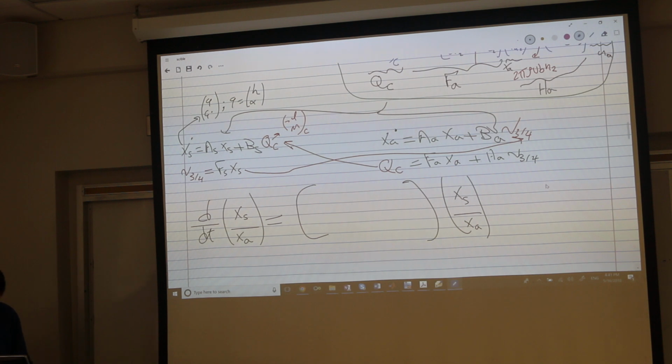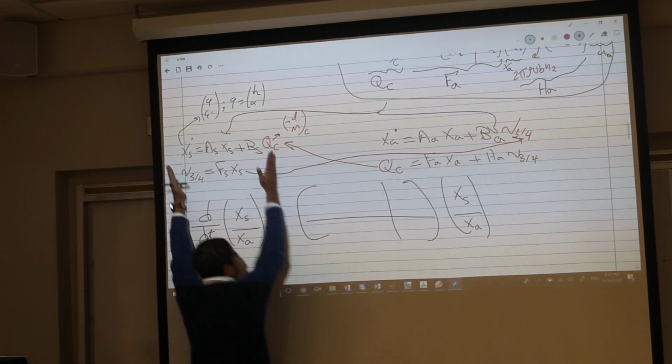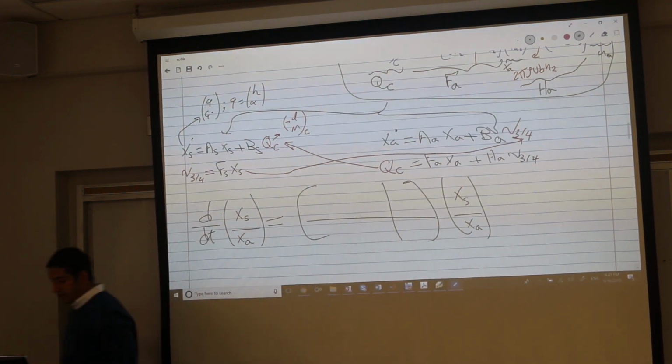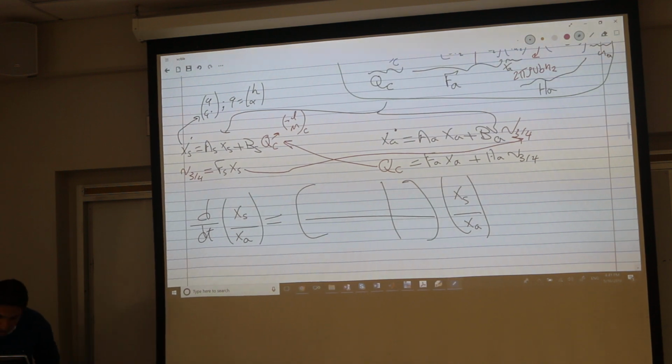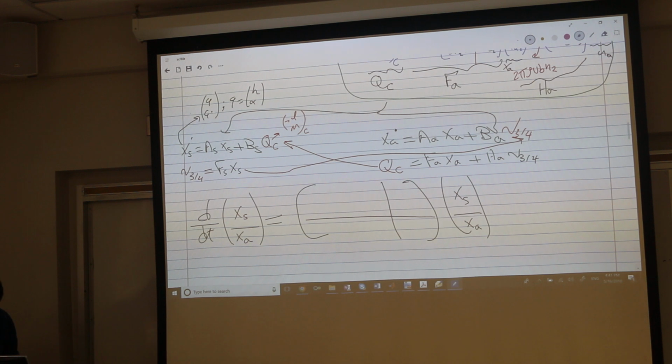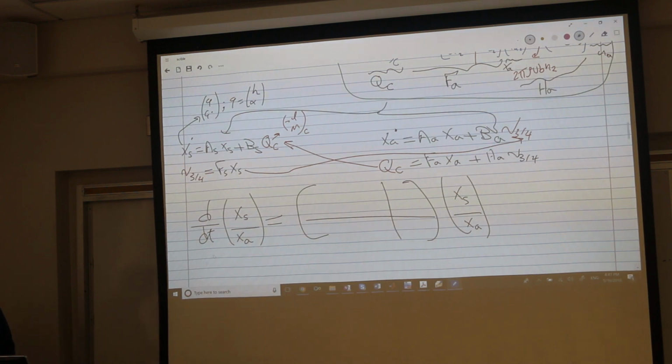Okay, so let's fill in this guy. All I have is just these 2 equations now. Don't think outside. I just need to fill in this thing. So let's do it. X structure dot equals. Here is the equation for X structure dot.